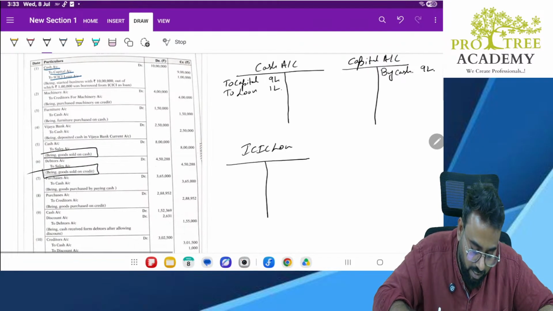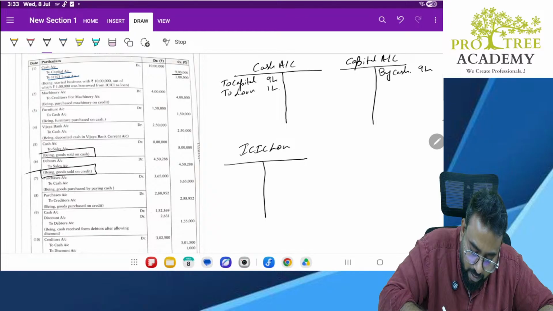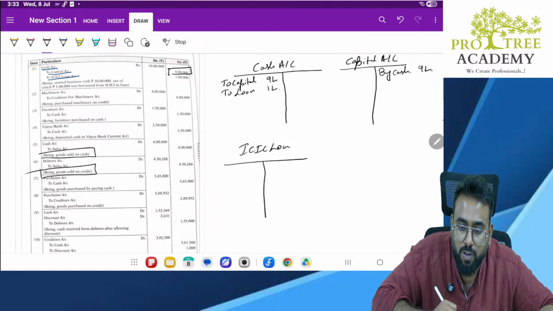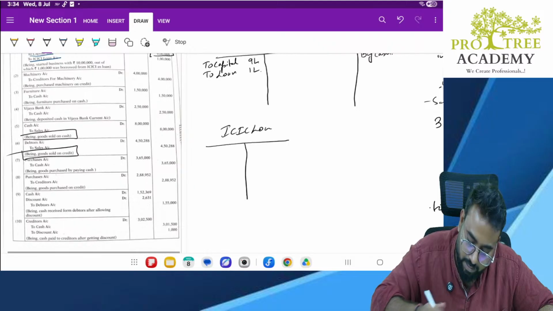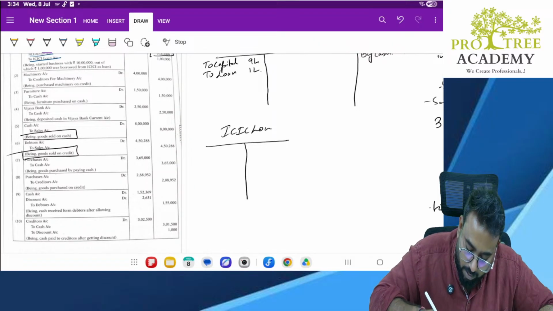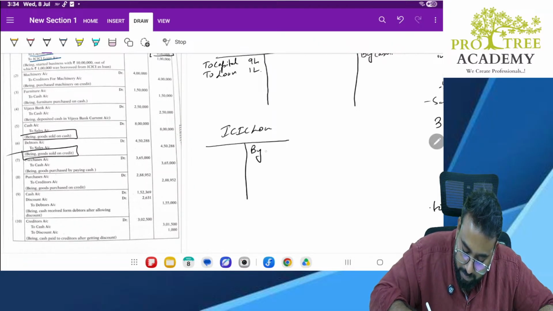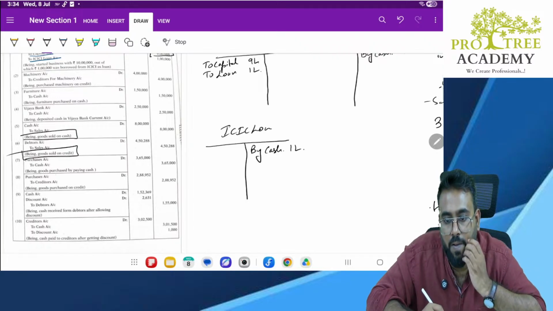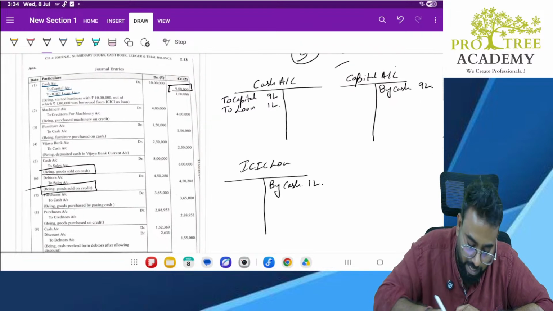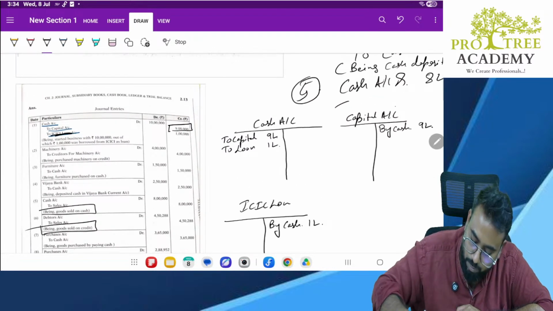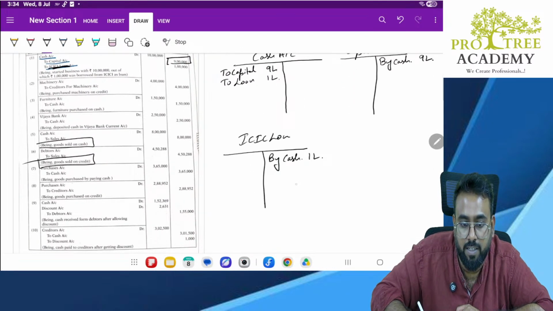Sir, why 9 lakh, sir? Because you have contributed only 9 lakh, correct or no? Next, by, clear? Understanding everybody? Sir, simple. ICICI account is credited, so we'll start on the credit side.